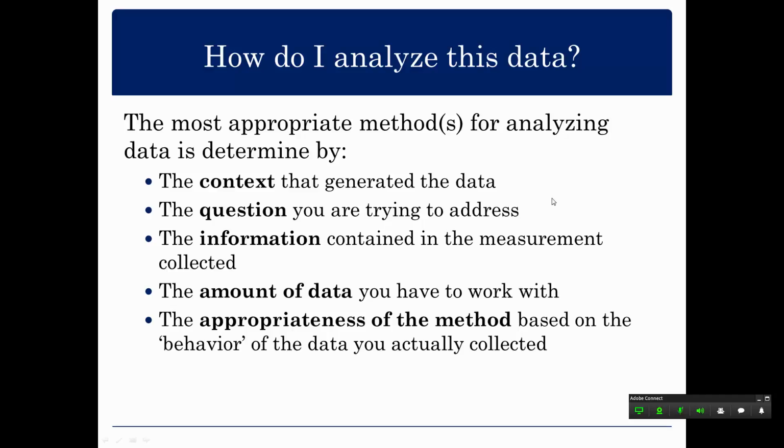Very often we have a continuous outcome, and we're trying to compare it between groups, and we say, well, this is a t-test. I learned this in my undergraduate statistics class, that if I'm trying to compare means, I need to use the t-test. But you have to look at the behavior of the data first. If you have very skewed distributions, or one group has much more variability in it than the other, the t-test will give you a result.